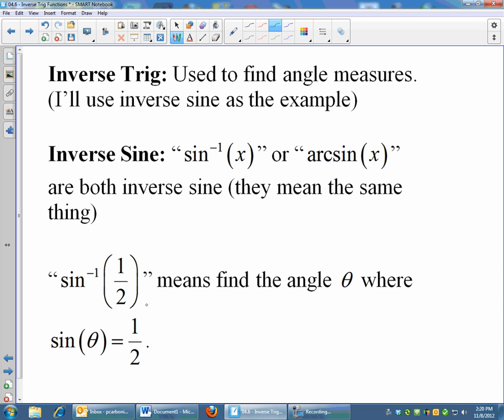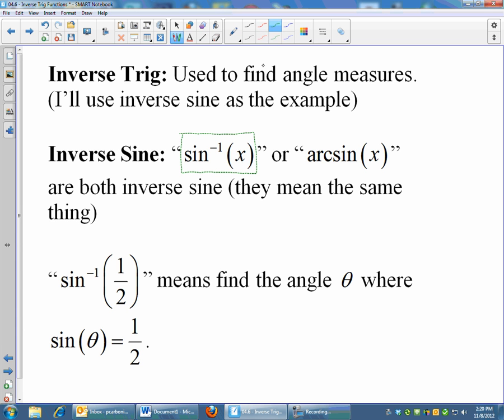So let's talk a little bit more about the details of inverse trig. As I said, it's used to find angle measures, and in this example I'm just going to use inverse sine. Some of the notation, I'm not a huge fan of, especially this one. People often read that the wrong way.